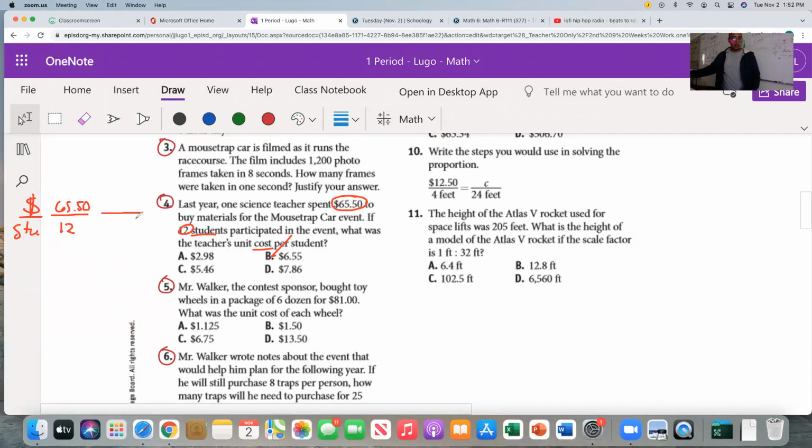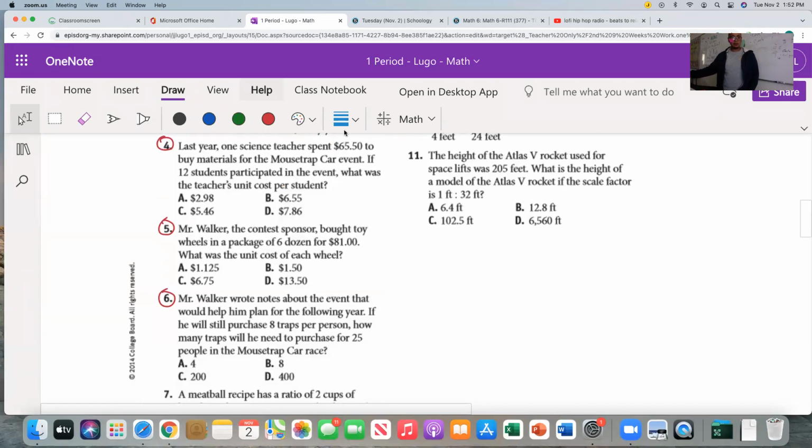And I want to know, well, how much is it going to be per student, meaning for one student? Same as before, ladies and gentlemen. I would divide 12 by 12 to become 1, and I would do the same thing to the numerator, and that would give me my answer. Now, admittedly, this division problem is a little bit more complicated, but that's simply what we have to do to get our answer.